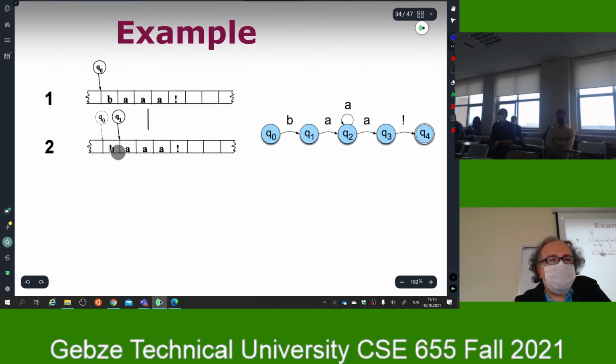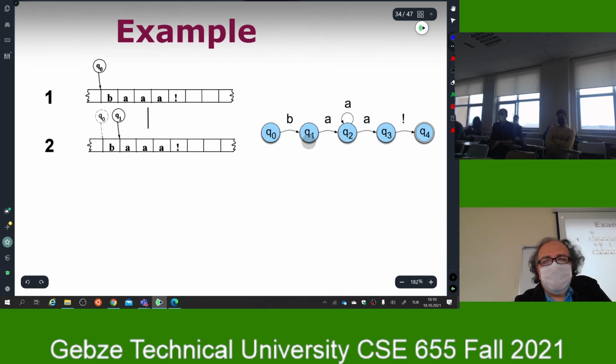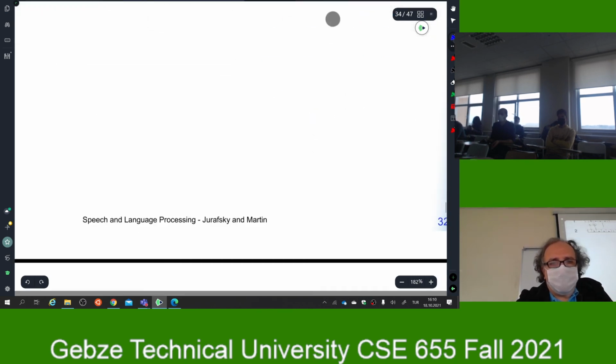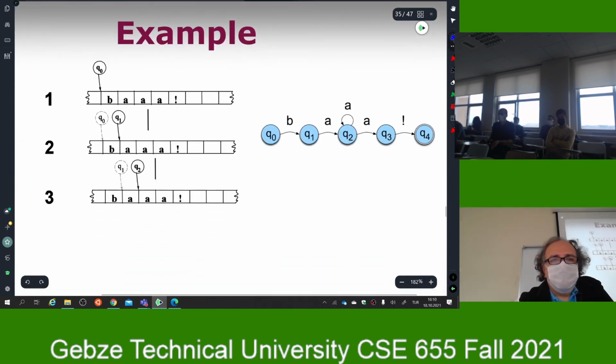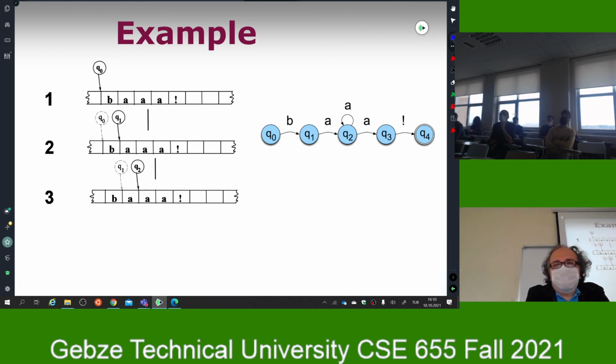I am at state Q1, and I am going to read this A. When I read this A at Q1, I will go to Q2, okay? Let's do that. Now I am at Q2. I am reading an A. I have two options. I can go to Q3 or I can stay at Q2. Which one am I going to do? Should I go to Q3 or should I stay at Q2?